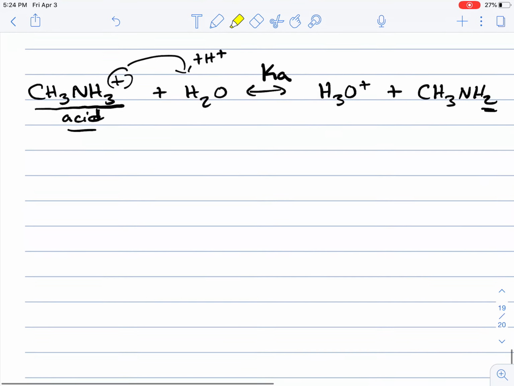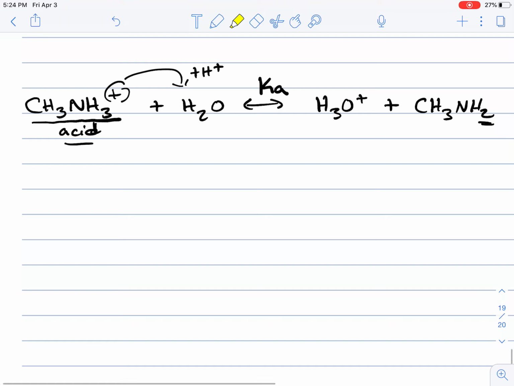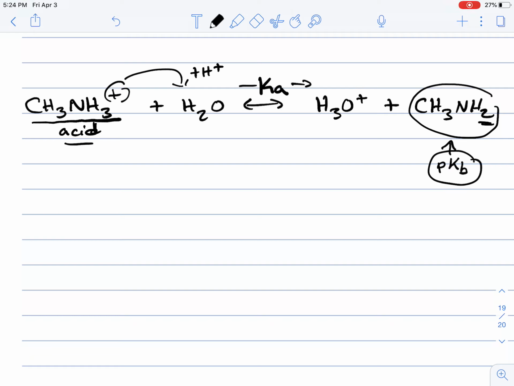Okay. And so this right here is methylamine, and they gave us the pKb of this compound. And so we're trying to go in the forward direction because we want to ionize our acid. And so therefore, we need to convert this value into Ka.